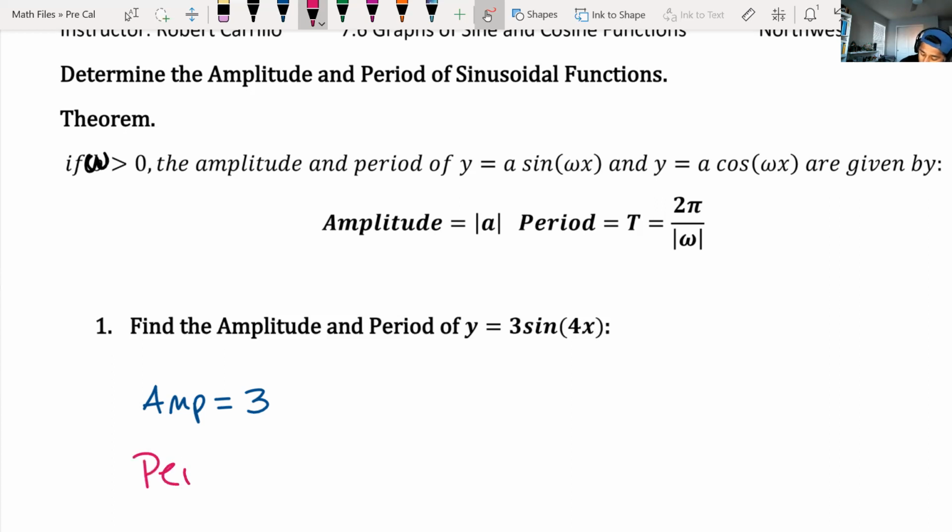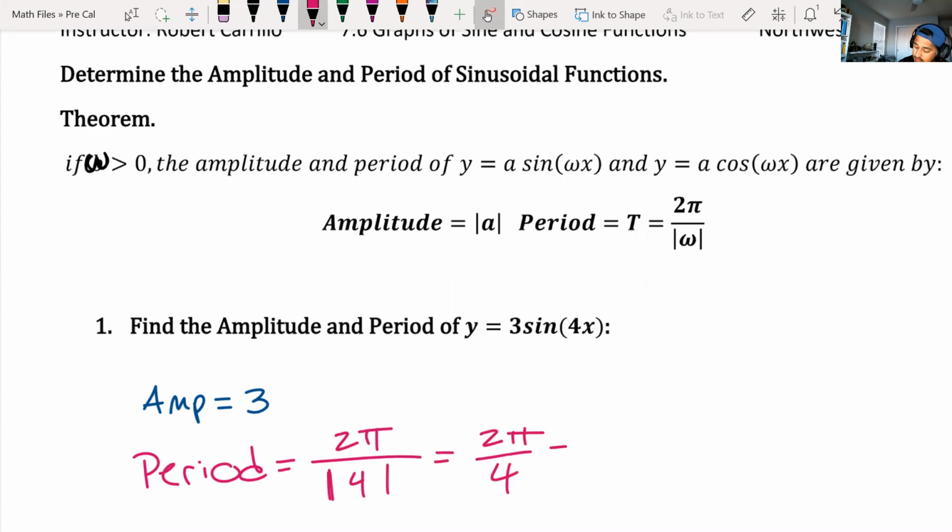Okay. And now to find the period, since there's a transformation inside, the period changes. To find that, we put 2 pi over the absolute value of 4, which is just 2 pi over 4. So the period of this transformed trig function would be pi over 2. So what this means is that since there's a transformation, the period of this function is no longer 2 pi. The period of this function will repeat itself now every pi over 2 units.